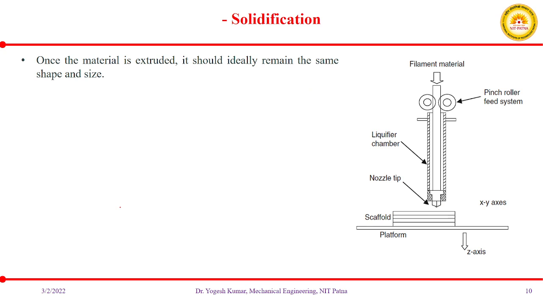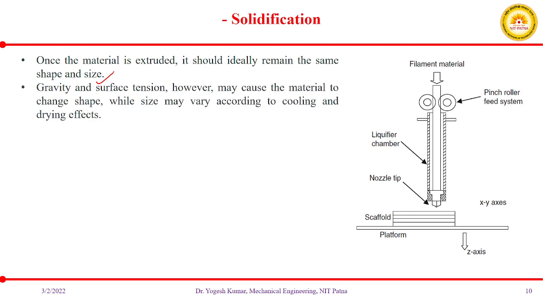Once this material is extruded and deposited on your build platform or your previously printed layer, it must solidify. So what are the requirements during solidification? Once the material is extruded, it should ideally remain the same shape and size. The shape and size of your extruded material should not change once it is getting solidified.